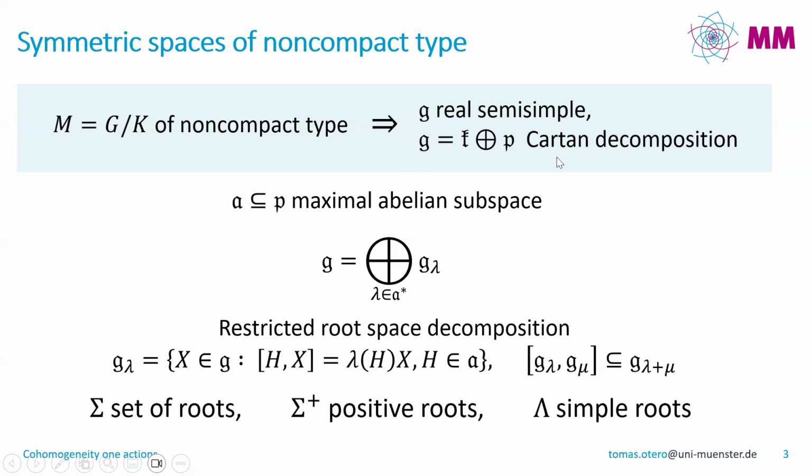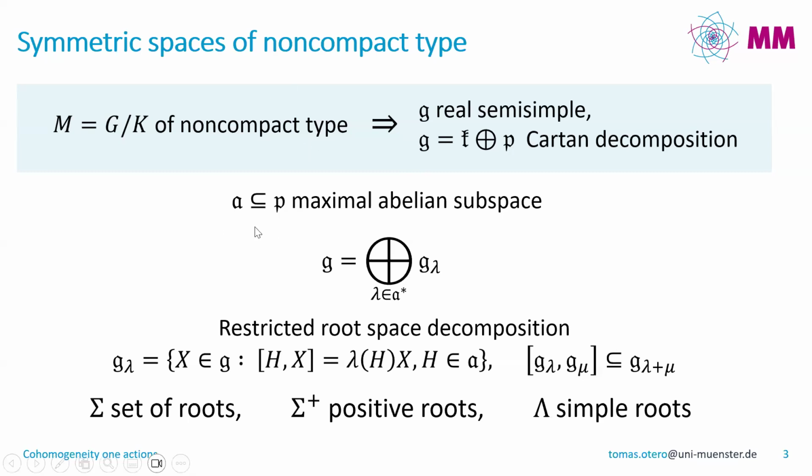We can take a Cartan decomposition of the corresponding non-compact real semi-simple Lie algebra such that K is the isotropy Lie algebra and P is some complementary vector space that we can identify with the tangent space of M at some base point.